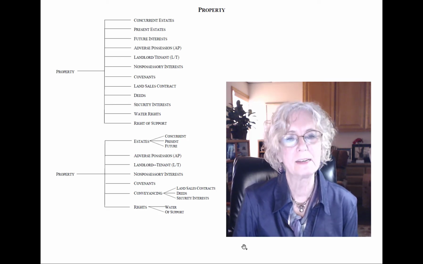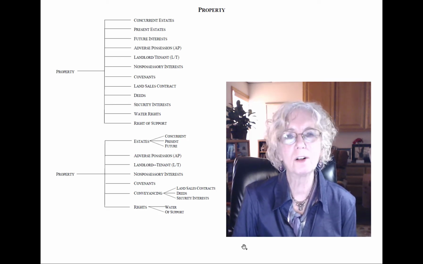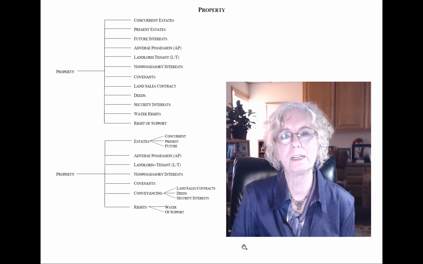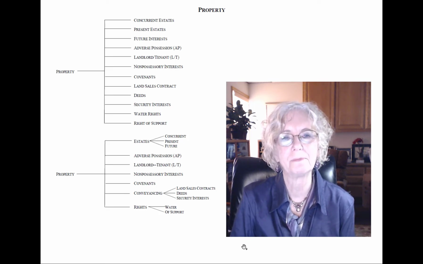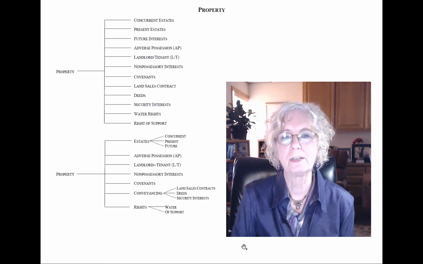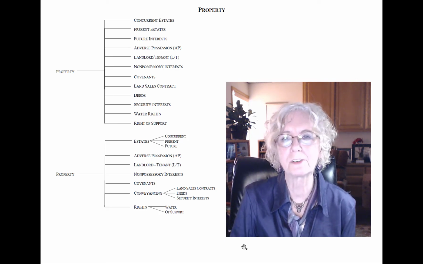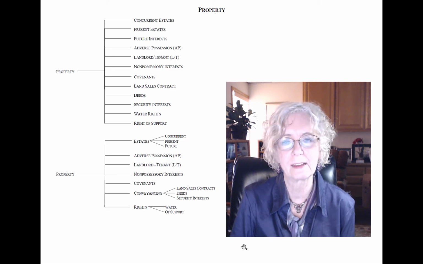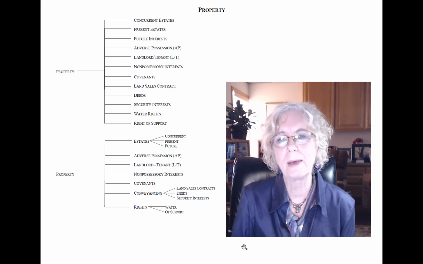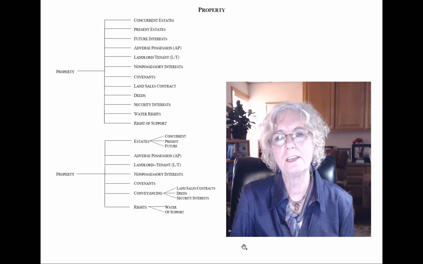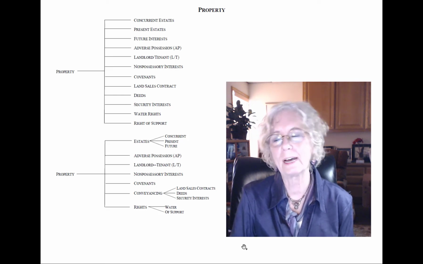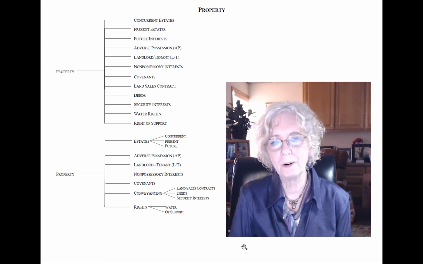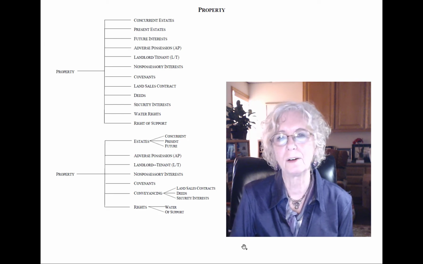In the prior segments, we've reviewed all kinds of topics involving the ownership of land. So, present estates, future interests, adverse possession, concurrent estates. And then we talked about the idea that you could possess land without owning it. The main area there is landlord-tenant law.